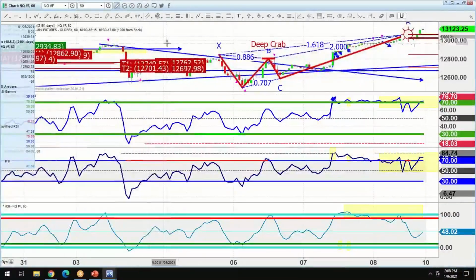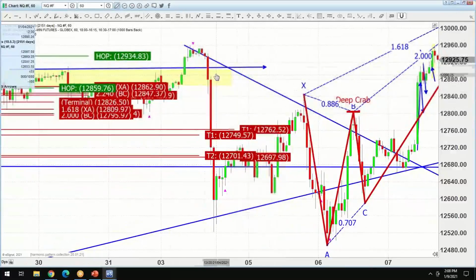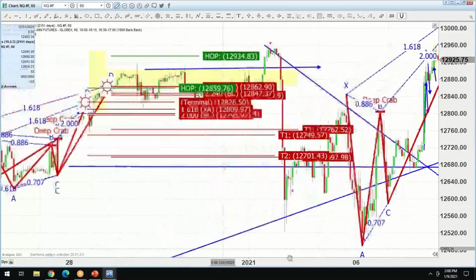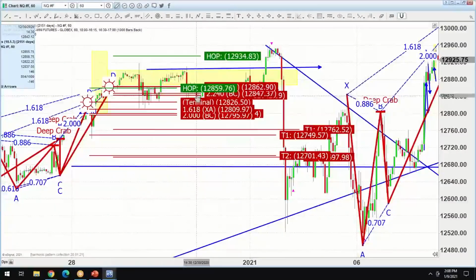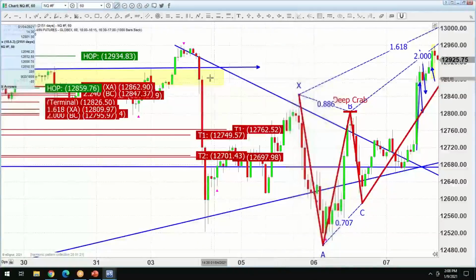Here was the situation from the beginning of the week, beginning of the year. We had 60-minute HSI. We had a deep crab at the hop level. All of that depends on where the arrow came in. Where is the signal? Where is the HSI? Because whether it's in the PRZ or the hop is all determined by where HSI comes in.